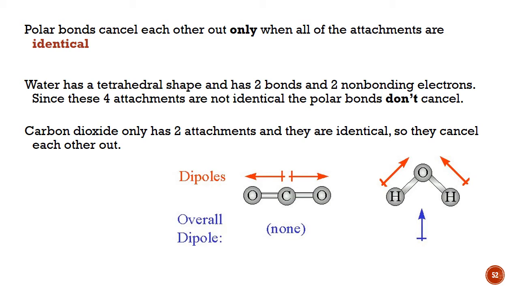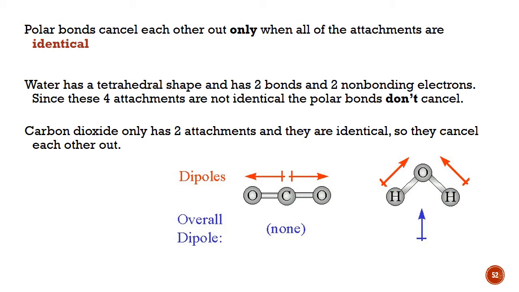Now comparing that to water, because of that bent shape, remember I said that was going to be really important. Because of that bent shape, the oxygen is pulling from one hydrogen and pulling from the other. These are called vectors, which have direction and intensity.